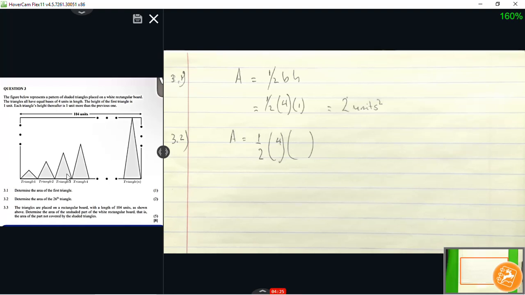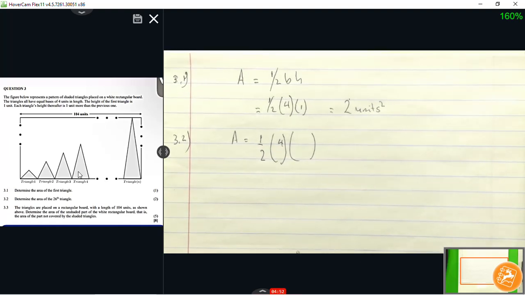This one is 1 unit more than the previous one. So it will be 2 plus 1. It will be 3. 3 plus 1 is 4. So it's not a change that is difficult to comprehend, isn't it?